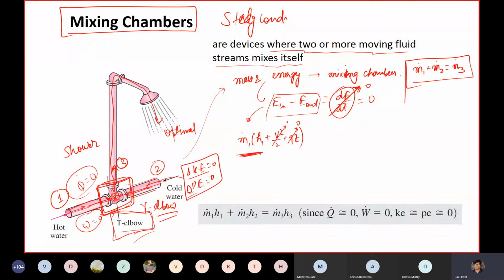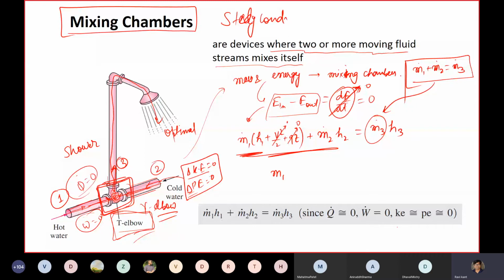First stream m dot 1 h1 plus m dot 2 h2. These are the ins, and what are my outs? m dot 3 h3, right? And what is m dot 3? So again you can write m1 plus m2.